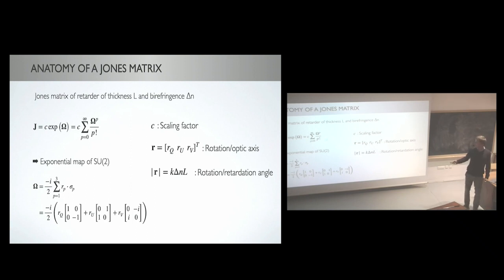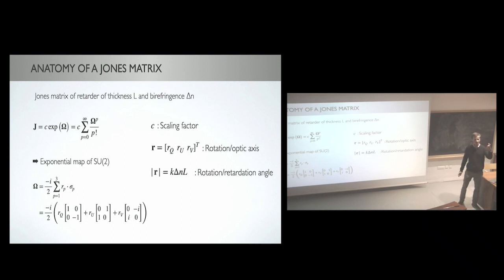Now there's a more convenient way to define the general Jones matrix, essentially through the exponential map of the special unitary group of dimension 2, where we can define this retardance vector, again in the Stokes parameters, that now multiplies with each of these Pauli matrices. And again, just picture this as the 3D rotation axis in the Poincare sphere.